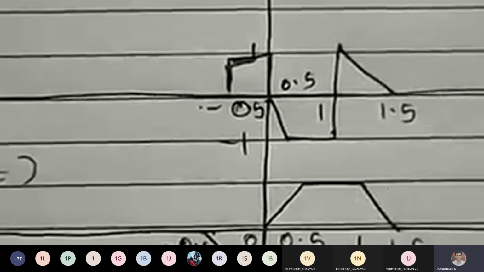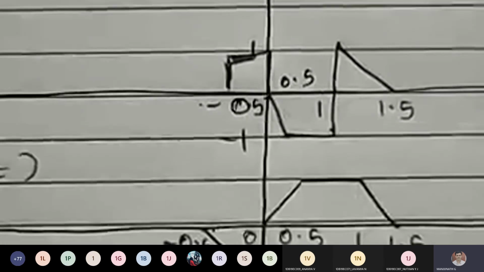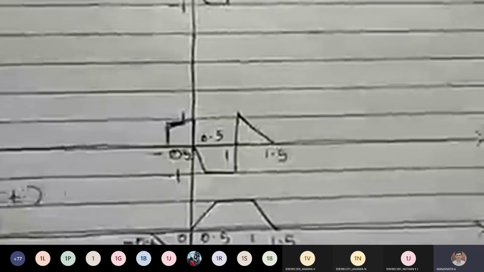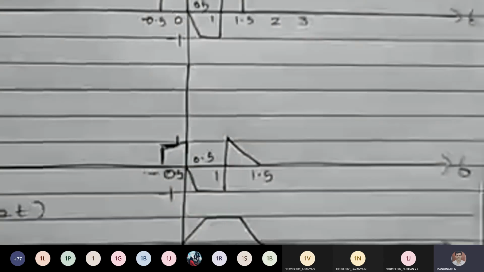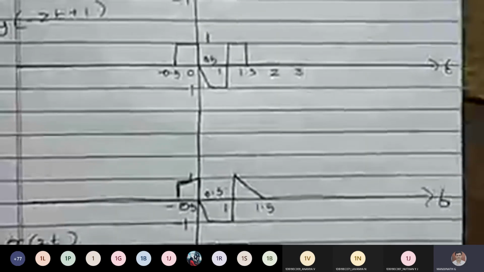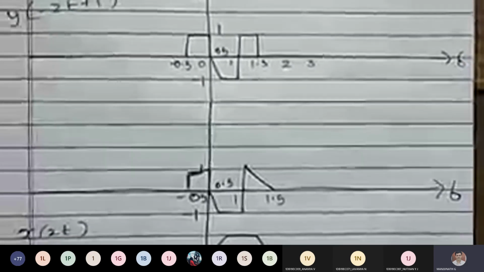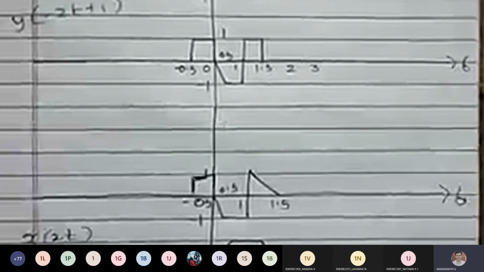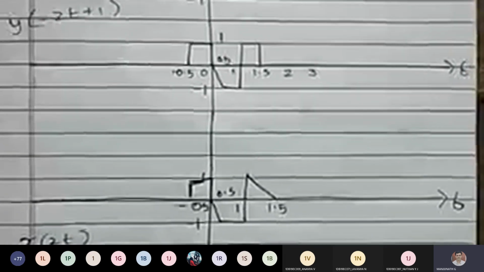If we show everything together, it will be easy to do the multiplication here. I want to perform multiplication, so I'm doing multiplication for this 0.5 as well as the other one. Good.